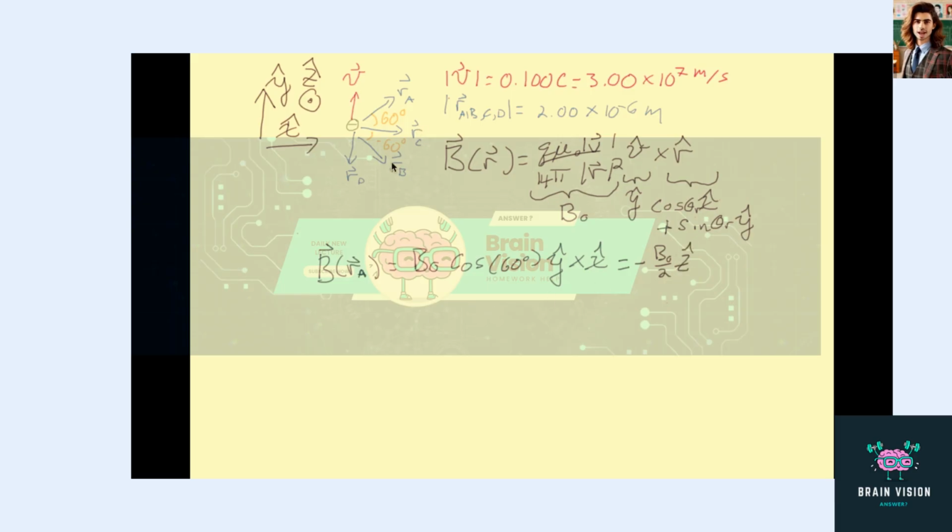And since RB has the same x component as RA, we know that this is also the same as the magnetic field at RB.